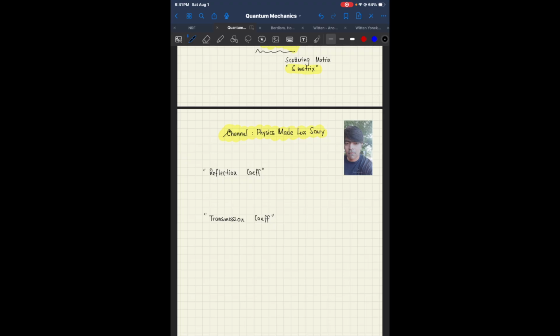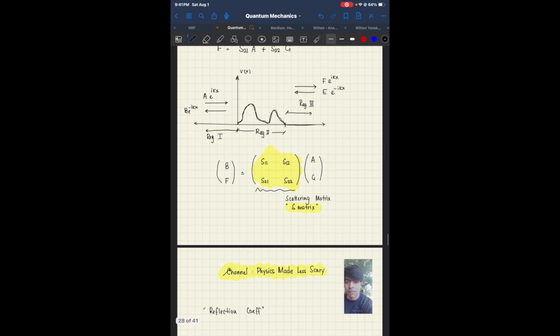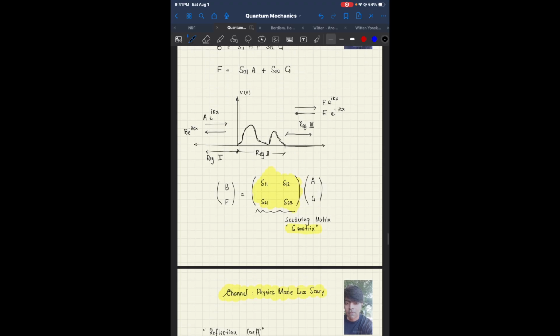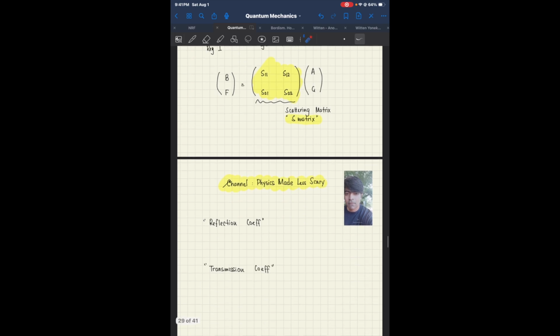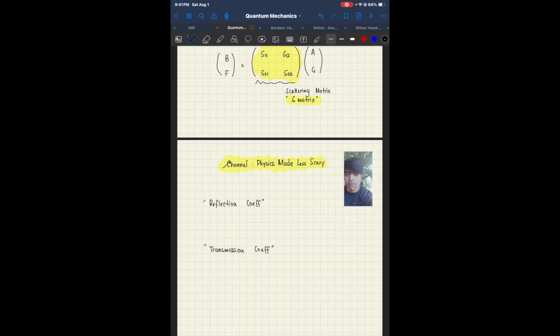They tell you how much of the wave is reflected and how much of the wave is transmitted. So you can tell me what the reflection coefficient is, right? For example, from here, this is the amount of incident wave and this is being reflected back. So the reflection coefficient simply would be, let's call it R, mod B square by mod A square.